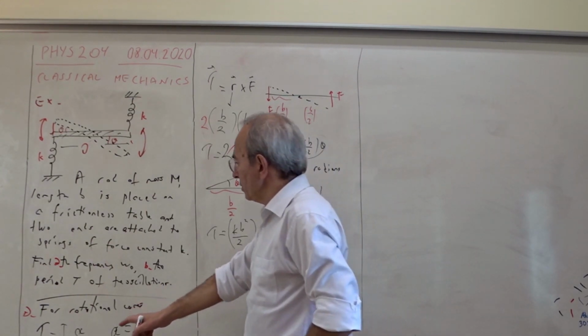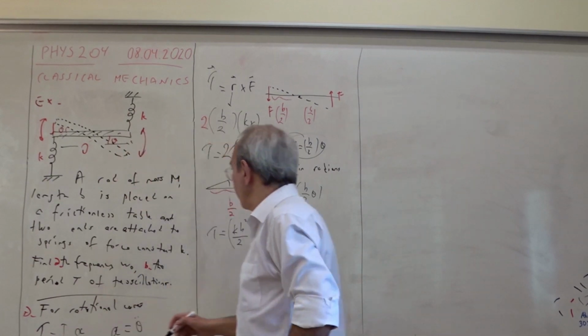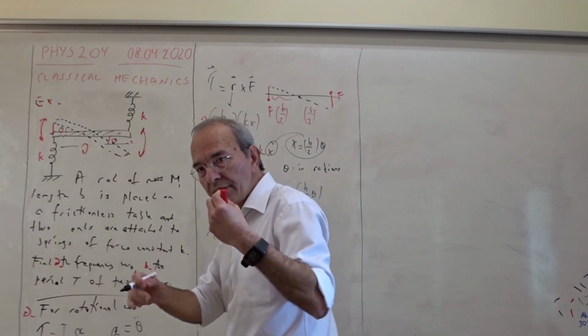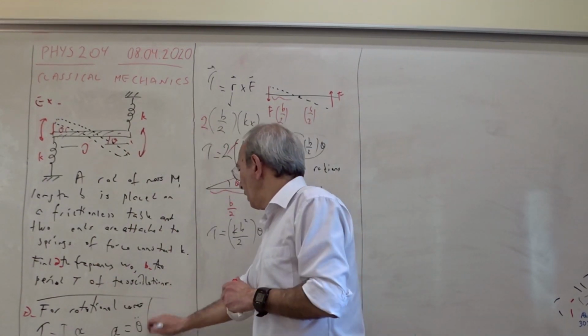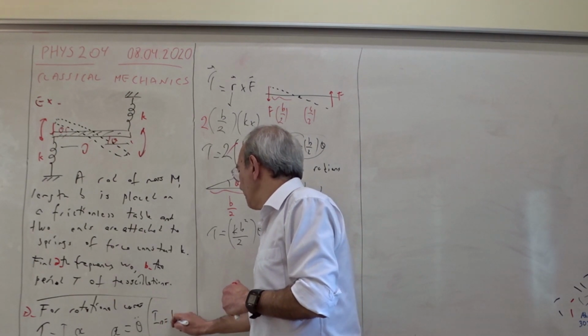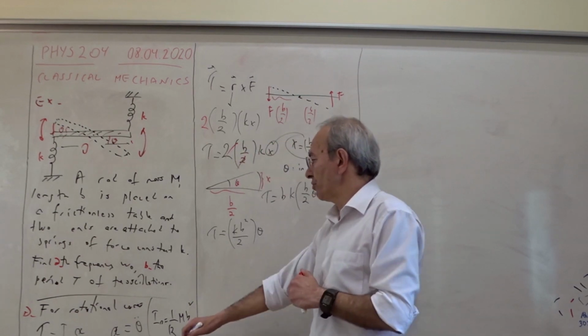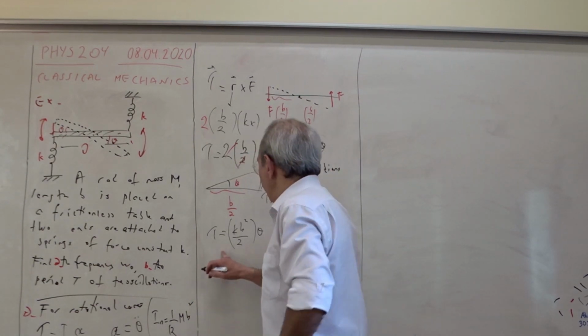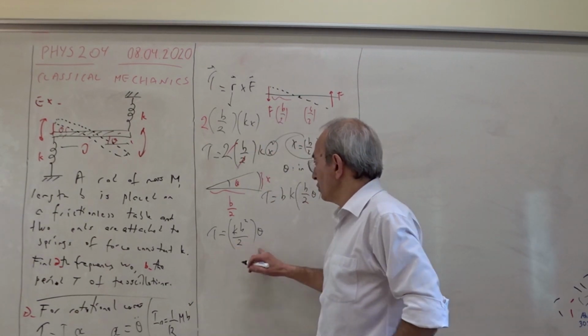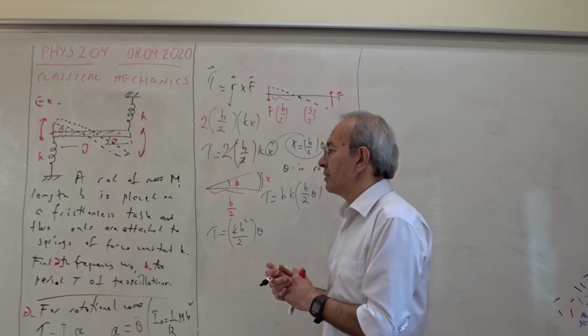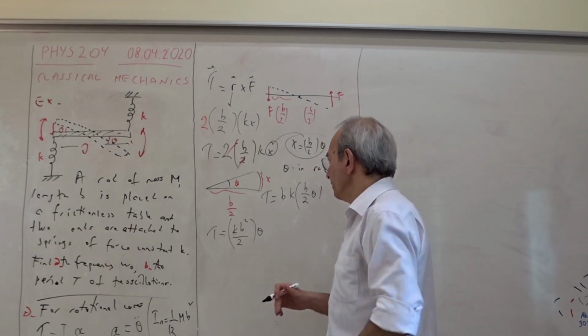But from the equation, torque is equal to I times alpha, and I is for a rod rotating around the midpoint. We know that I center of mass, I0, will be 1 over 12 mass times length squared. We know this from previous courses. So that torque equals that, and we should unite these pieces of information.